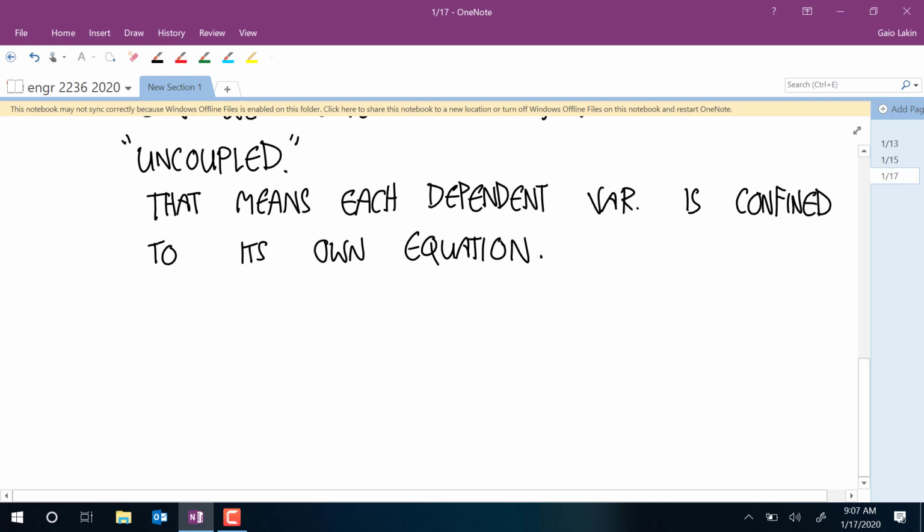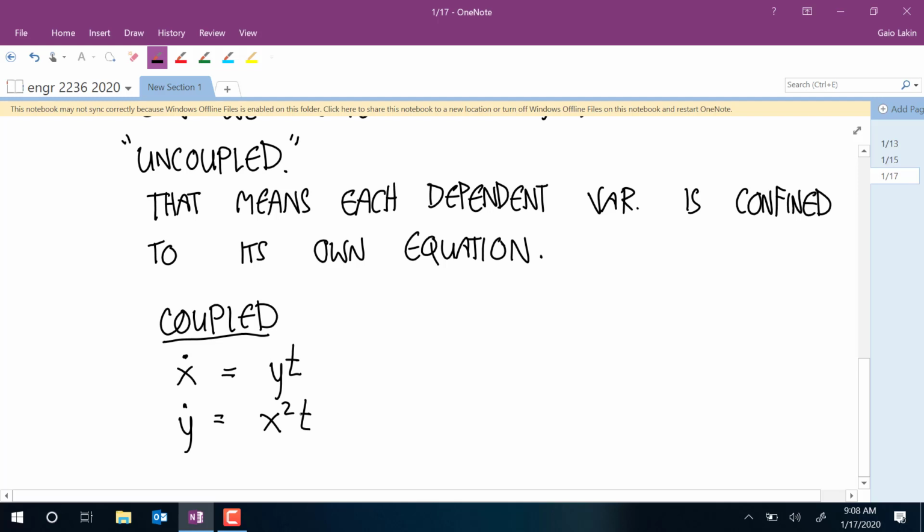Okay, so a coupled system of ordinary differential equations would be like x dot is equal to y t and y dot is equal to x squared t or something like that.